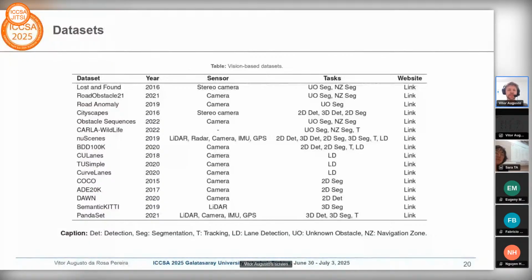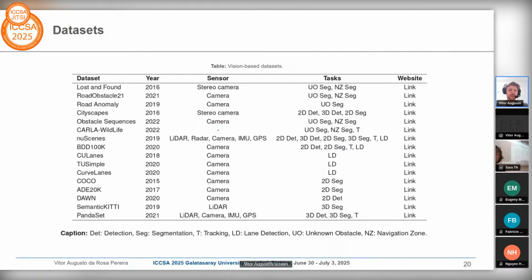And this table here shows all the datasets used by the authors to train or even validate their solution. Many sensors were used, for example, the stereo camera, and in some cases, monocular camera.